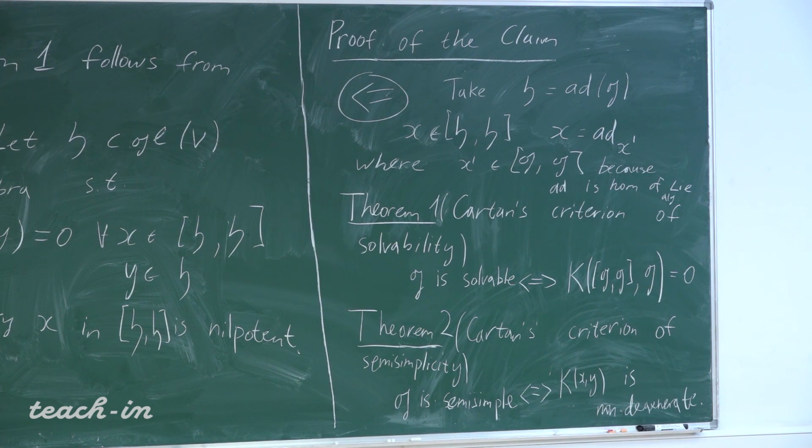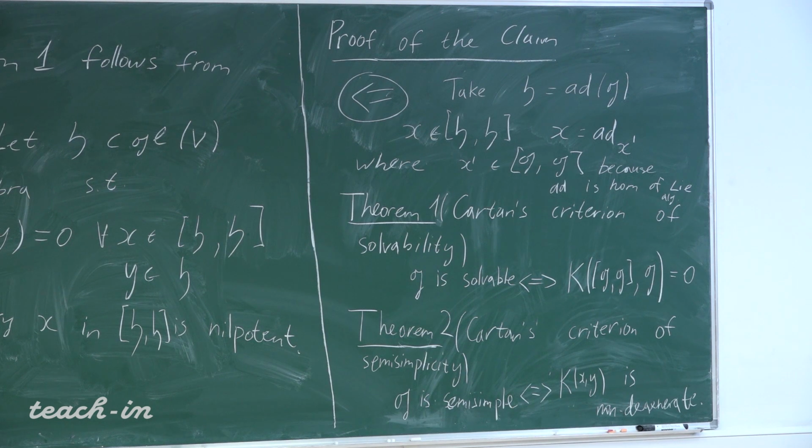Therefore, if I take x from [G, G] and y from G and compute the Killing form of x, y, this is a trace of something strictly upper triangular, ad x, times something upper triangular.